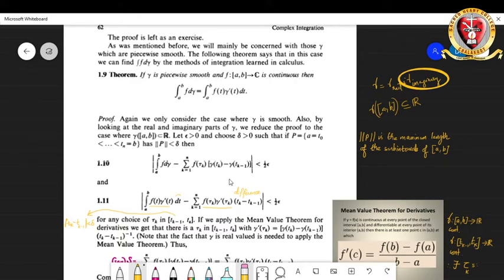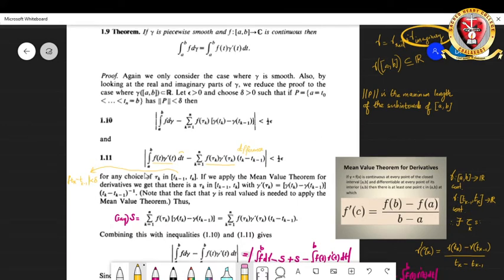So we have this inequality, and also consider the modulus of the integral from a to b of f(t) γ'(t) dt. You're considering this, and that can be made very close to the summation k = 1 to n of f(τk) γ'(τk) into (tk − tk−1).